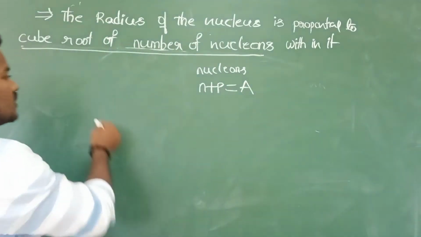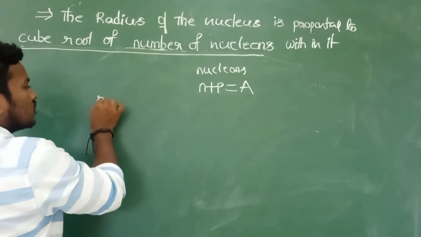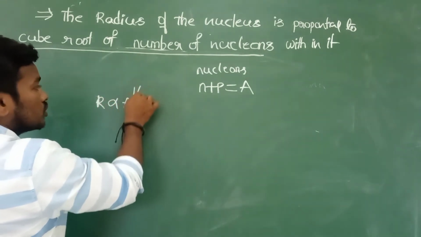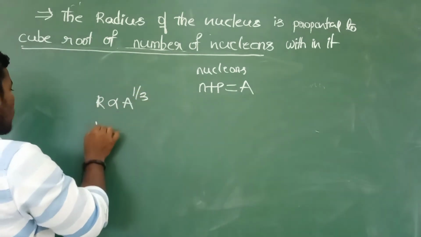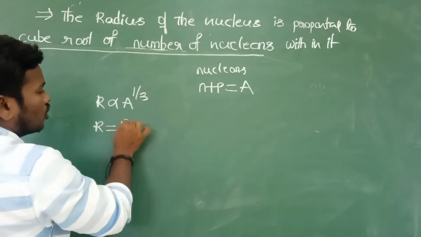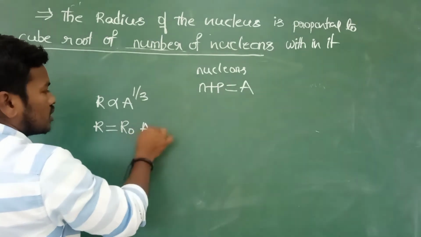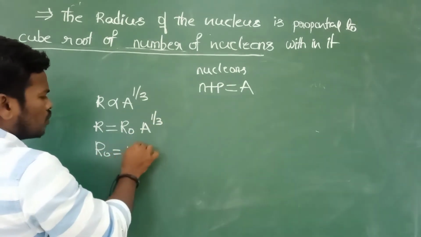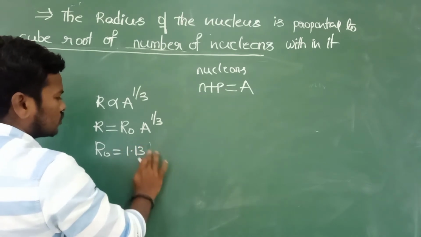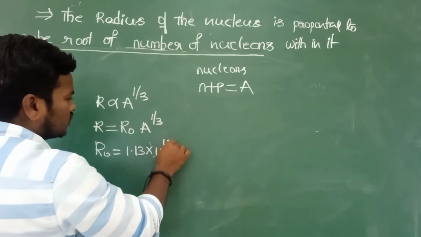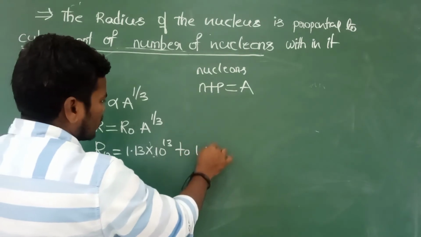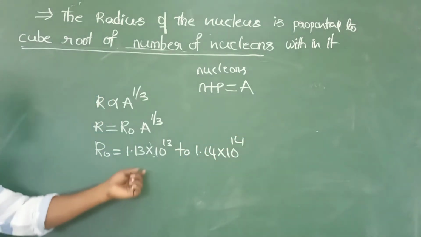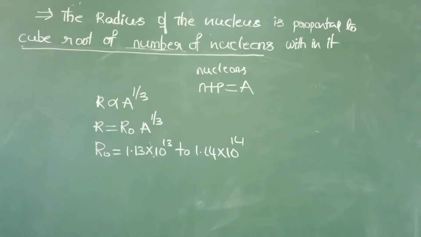So the radius of the nucleus is proportional to the cube root of the nucleons. If you remove the proportionality constant, R is equal to R naught A to the power 1 by 3. Here the R naught value is 1.13 into 10 to the power of minus 13 to 1.14 into 10 to the power of minus 13. You can take a value in between.